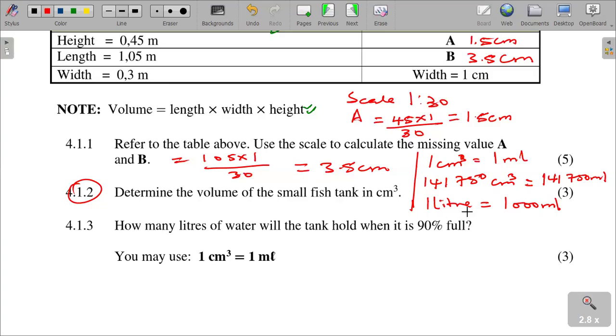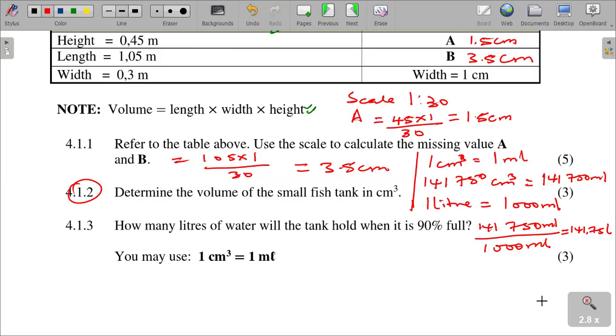As we continue with the calculation, 141,750 milliliters over 1000 milliliters gives us 141.75 liters.